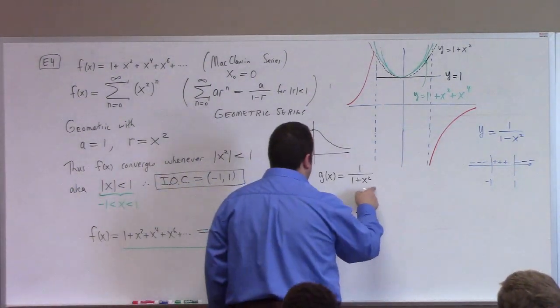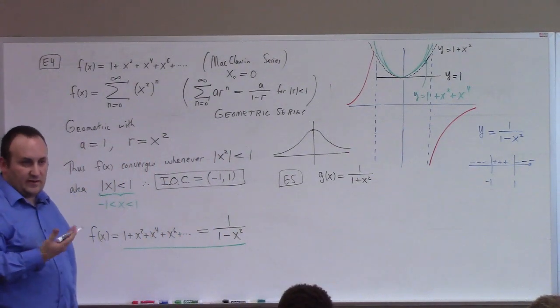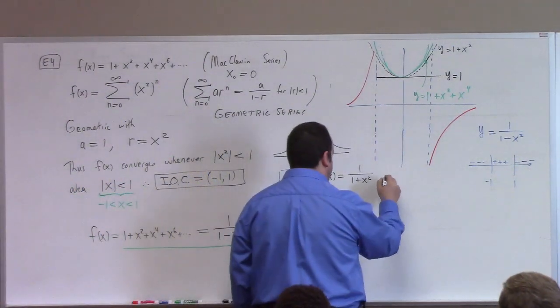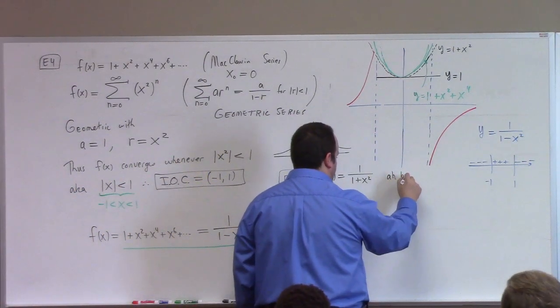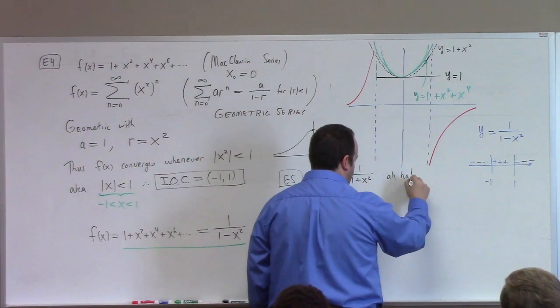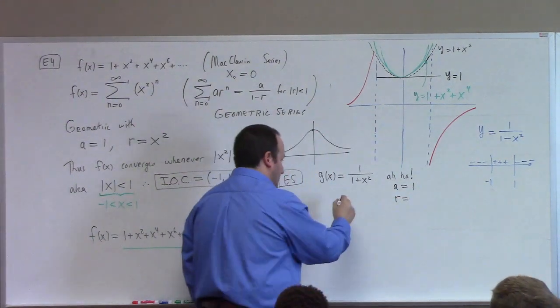And let's see, what's the Maclaurin series for this function centered at 0? We can use the geometric series idea to find it again. We can look at this backwards. We can say, aha, A equals 1, R equals what? You have to look at it the right way.